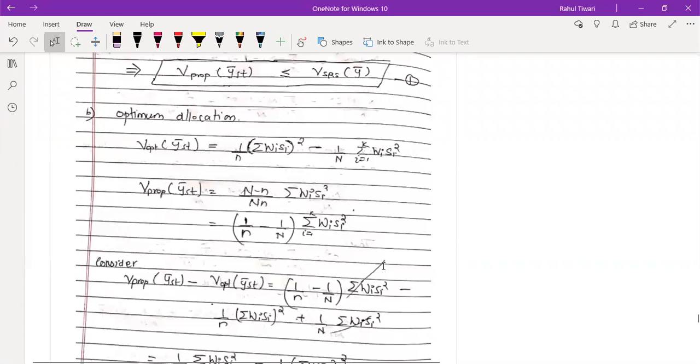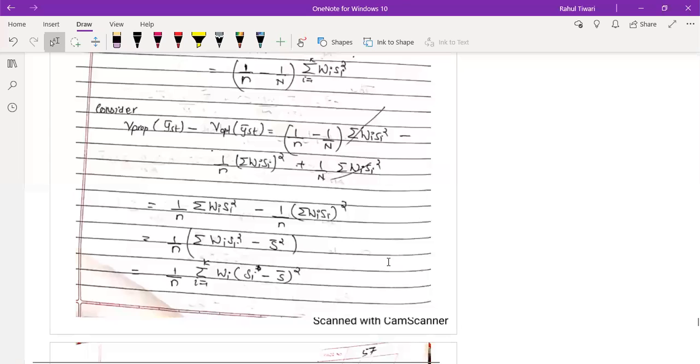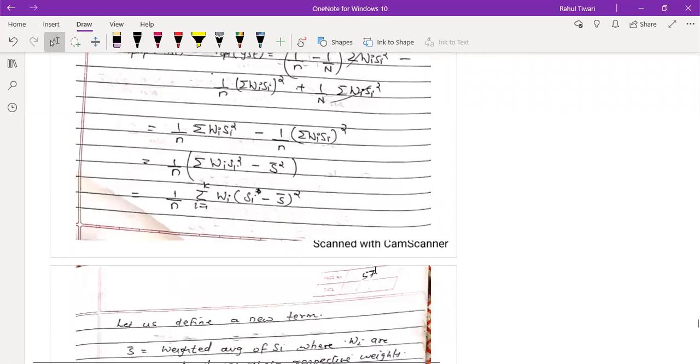You can download these notes, they are there in GC. Just go through and write it down once again in your notes. Once you practice this, you will be able to write the entire derivation. Here you found that optimum allocation is the best; out of these three, optimum is best among all, next best is proportional, and SRS will be the least.